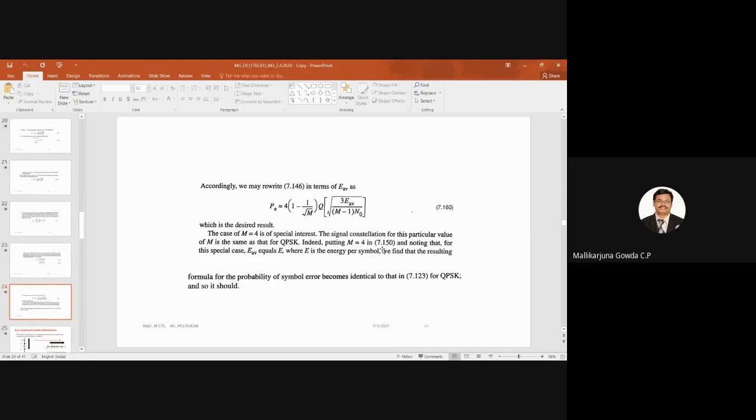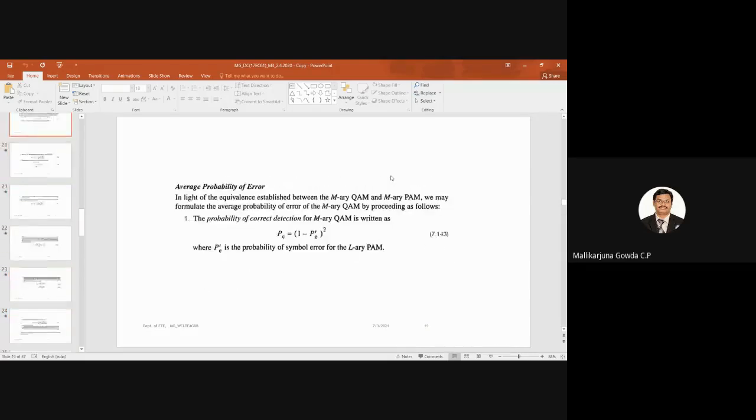Finally, we can express the average probability of symbol error in terms of the average signal energy. That is why it is written in terms of average signal energy. This is all about the probability of error.